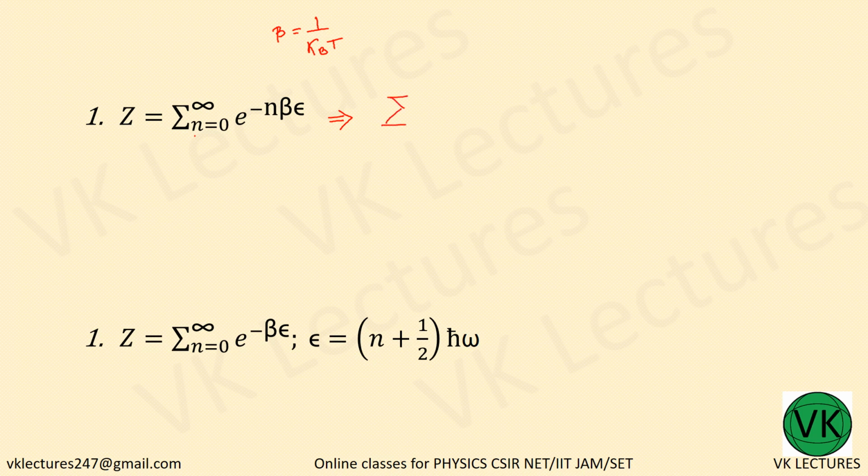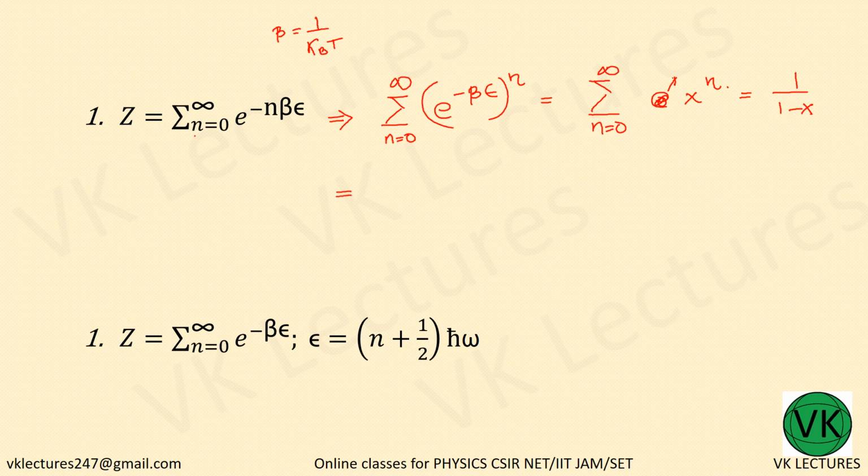I am just rearranging and writing it in a different way: sum over n equal to 0 to infinity of (e to the power minus beta e) whole to the power n. So this is similar to our previous example, x to the power n. What was the answer we got? 1 divided by (1 minus x).